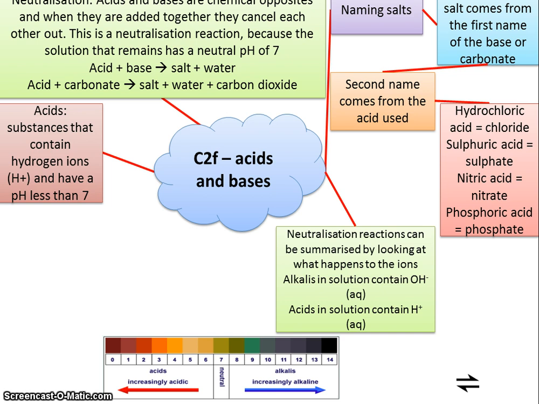Okay, what we'd look at there is we'd be taking the name of the element at the beginning. So where you've got copper oxide, we'd take the copper and join that together.